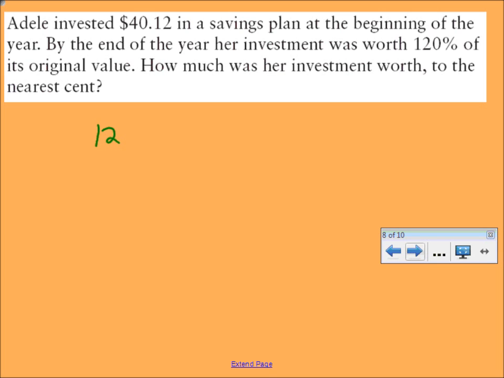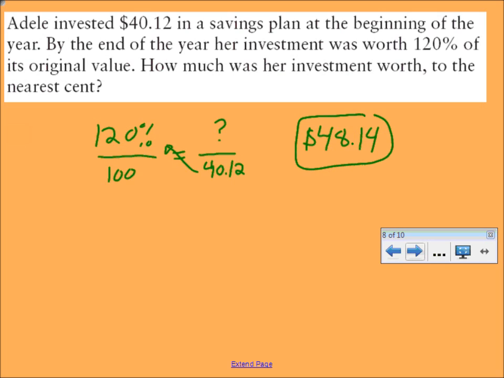We've got 120 over 100 equals what over 40.12? 120 times 40.12 divided by 100 equals 48.144, rounded equals $48.14.